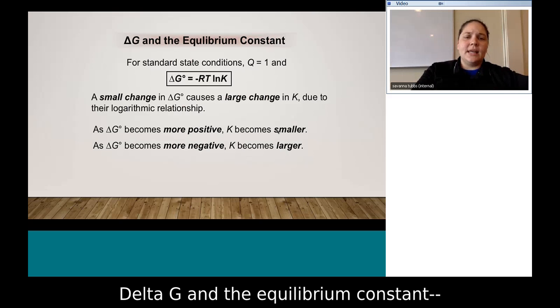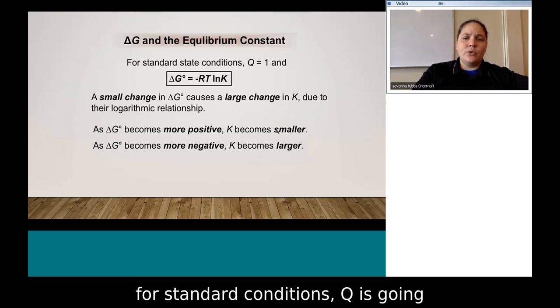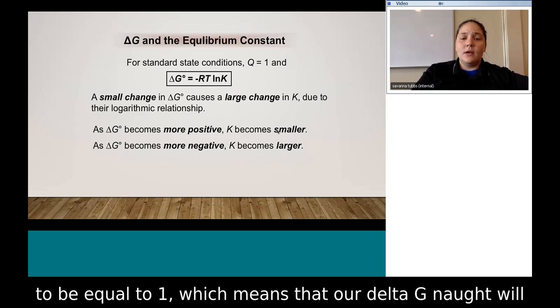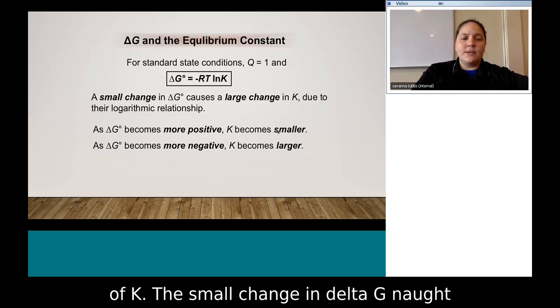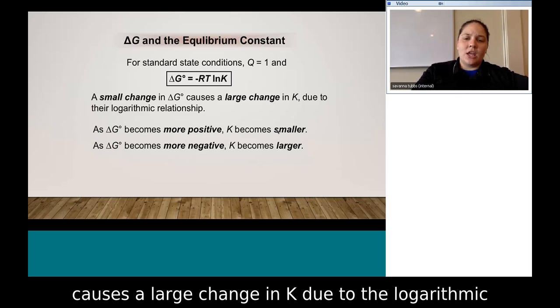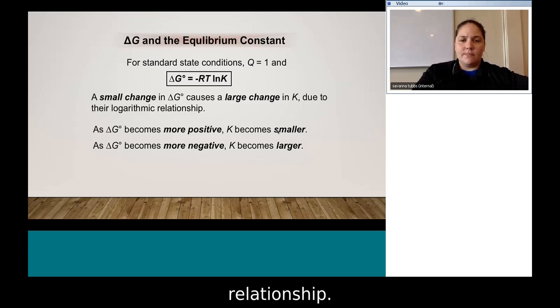Delta G and the equilibrium constant. For standard conditions, Q is going to be equal to 1, which means that our delta G naught will be equal to negative R, which is a constant, T ln of K. A small change in delta G naught causes a large change in K due to the logarithmic relationship.